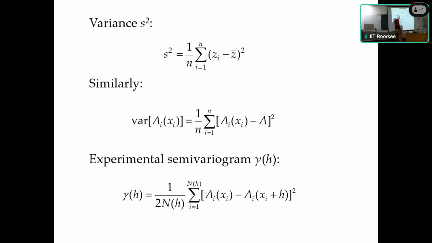Those squared differences averaged. And here, well, this is made by the geostatisticians. We do not use n for all lags, like in the autocorrelation equation. We use the particular number of observations, of pairs of observations in that lag class.